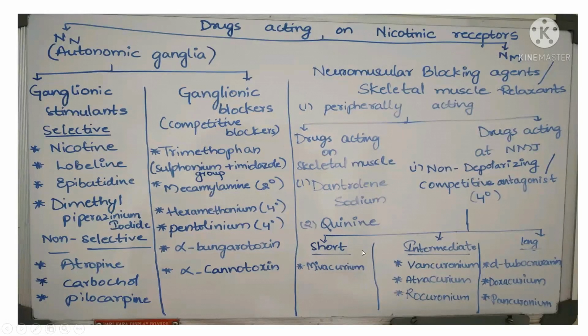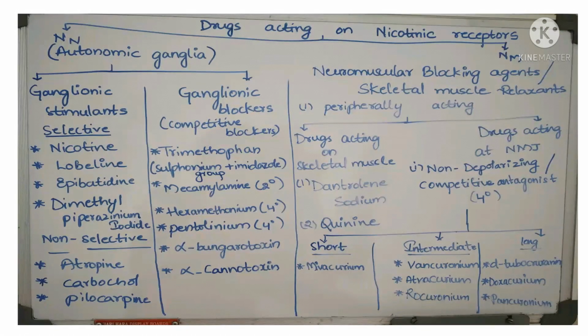Short acting is mivacurium. Just remember any two. If you remember short and long, leave the intermediate, because the remaining drugs will come under intermediate. You read only two so that you can recognize the drug under the third classification.